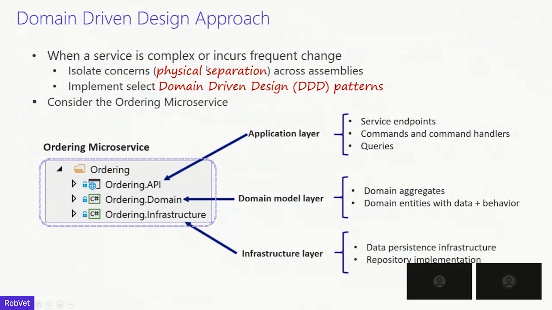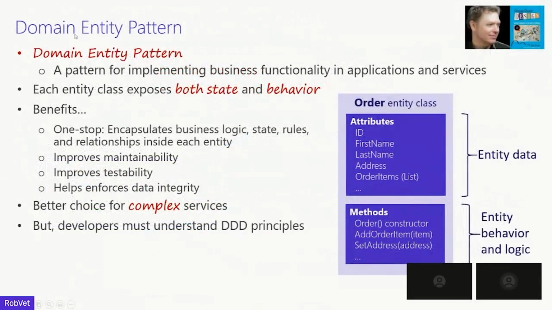So again, I may want to separate these physically, but I also may want to look at a couple of domain-driven design patterns. One would be called the domain entity pattern. In this case, I want to have an entity class for each particular entity in my application. Remember we had a product class, a genre class, an artist class, and then we had this business class with the business logic.